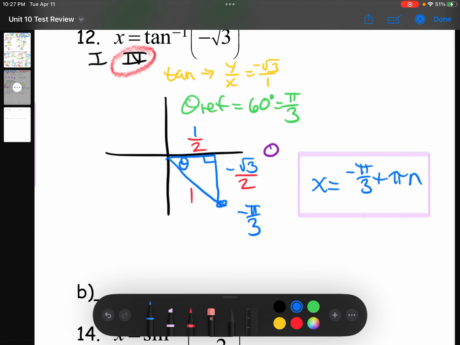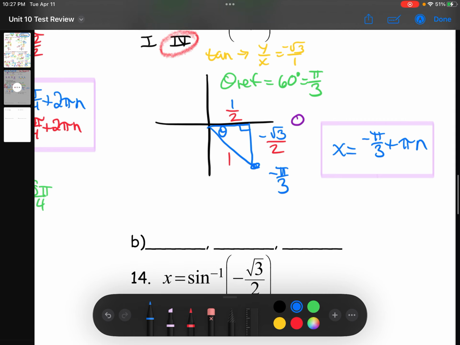Now, to get the first three positive solutions, we have to realize that negative pi over 3 is not a positive solution. So we take that negative pi over 3 and we add pi, or 3 pi over 3. So that first solution is 2 pi over 3.